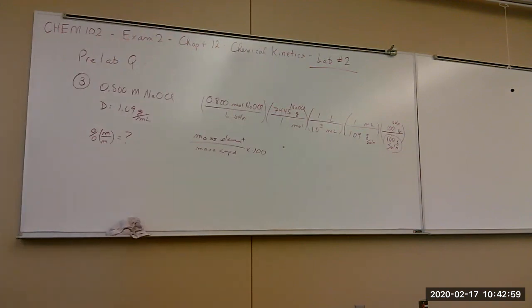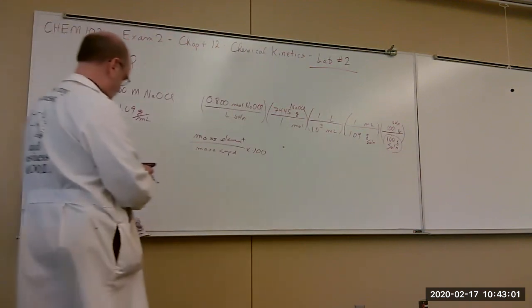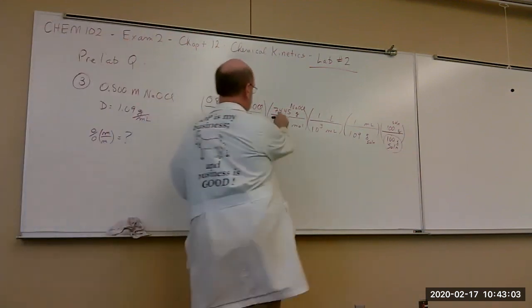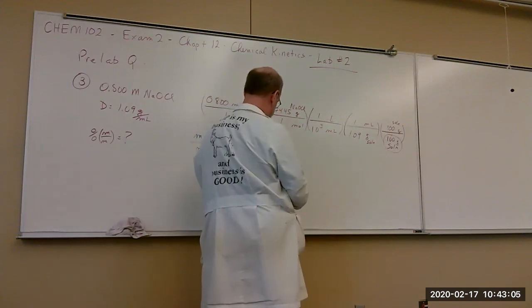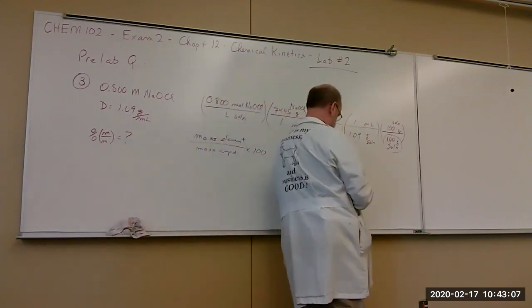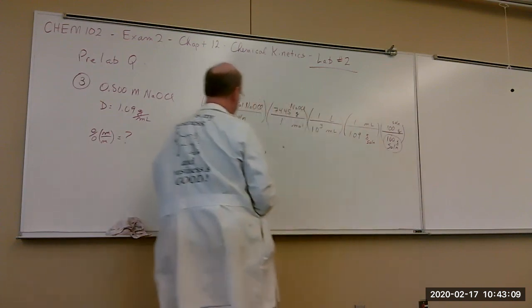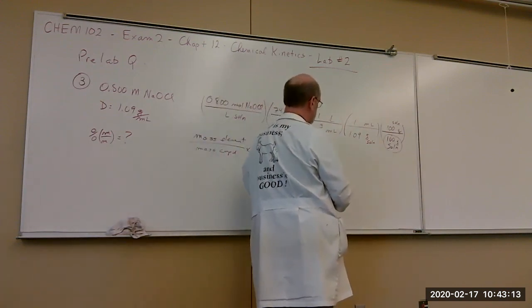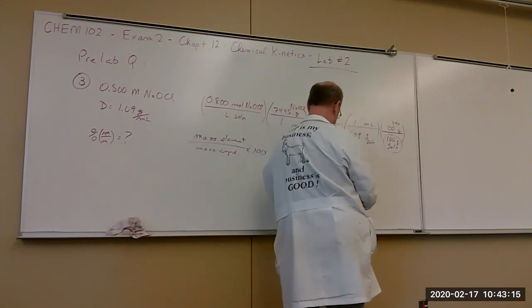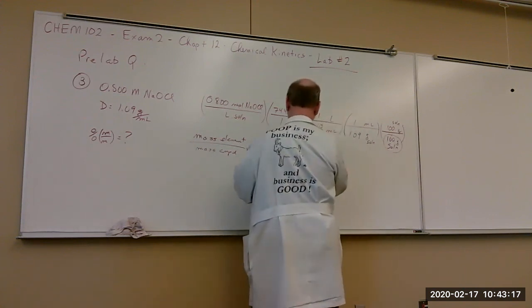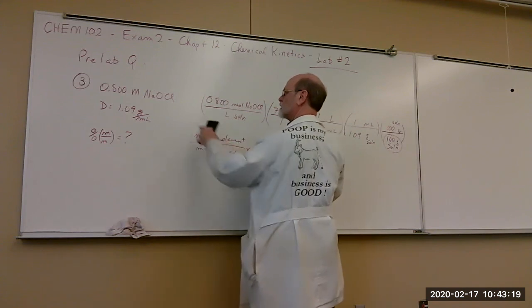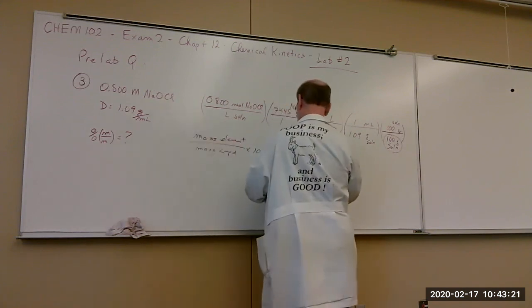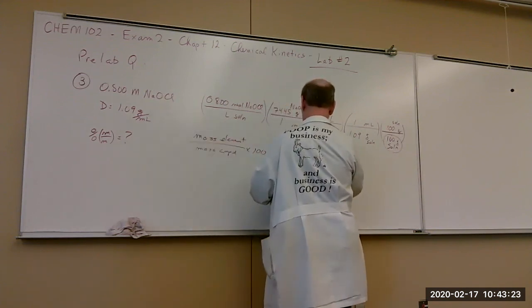Let me calculate to be sure. Like I said, let's say I rounded up. 0.8 times 74.45 times 100, divided by 1,000, divided by 1.09. And I get 5. See, we got 3 significant figures, 5.46%.